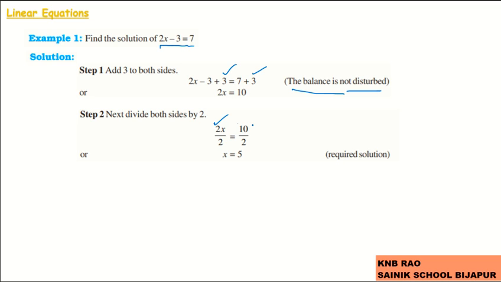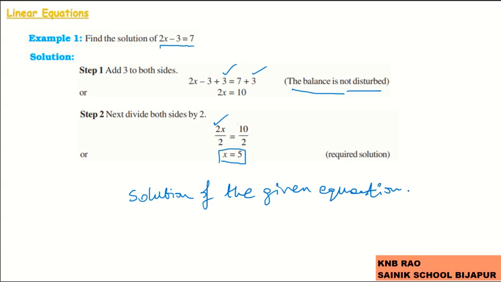So finally we got the value of x, which is called solution of the given equation or linear equation 2x minus 3 equals to 7, and for that x equals to 5 is the solution.